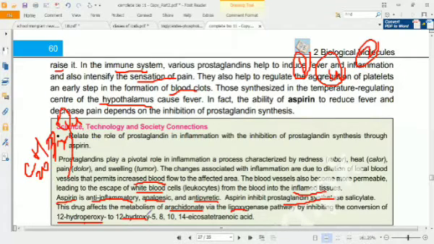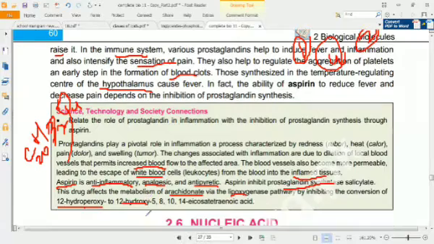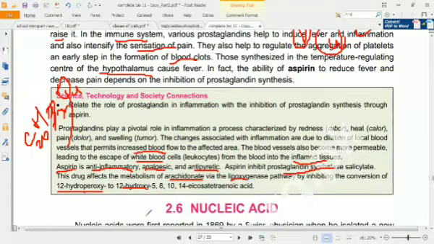So by changing hydroperoxy to hydroxy, arachidonic acid synthesis is going to be reduced, and then prostaglandins are decreasing, and then inflammation will be treated, as well as pain and fever, and it is reduced.